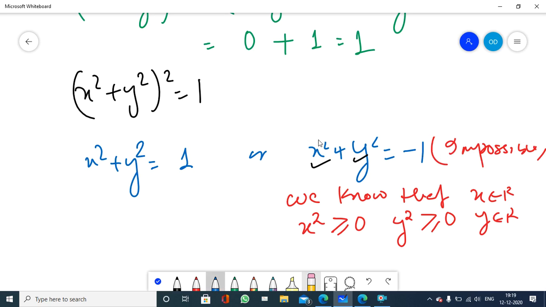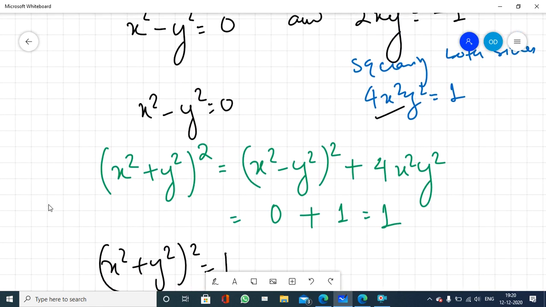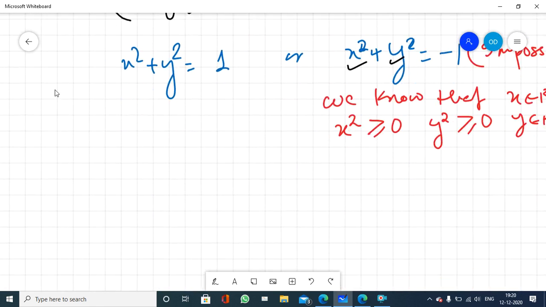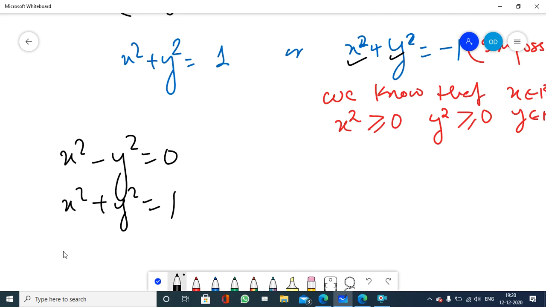So that means x square plus y square is equal to minus 1 is not possible. Already we knew that x square minus y square is equal to 0, and now we have obtained x square plus y square is equal to 1.